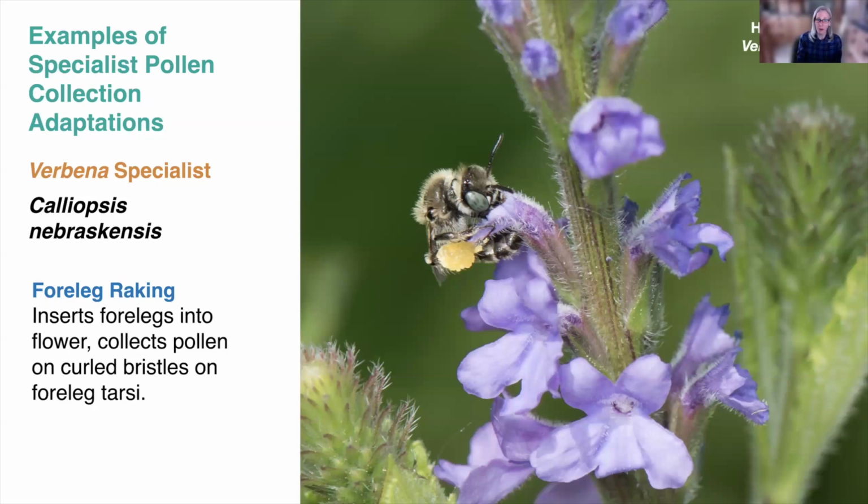But for her pollen collection, she actually has special bristles on her forelegs in which she pushes her forelegs into the flower opening, and she's actually doing that in that picture, and then rakes the pollen out of the flower corolla so that she can collect it and then move it back to her hind leg pollen collecting structures.